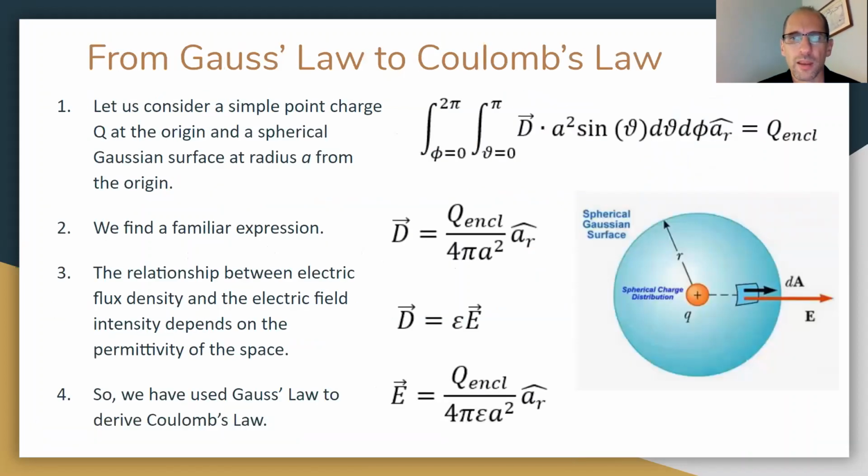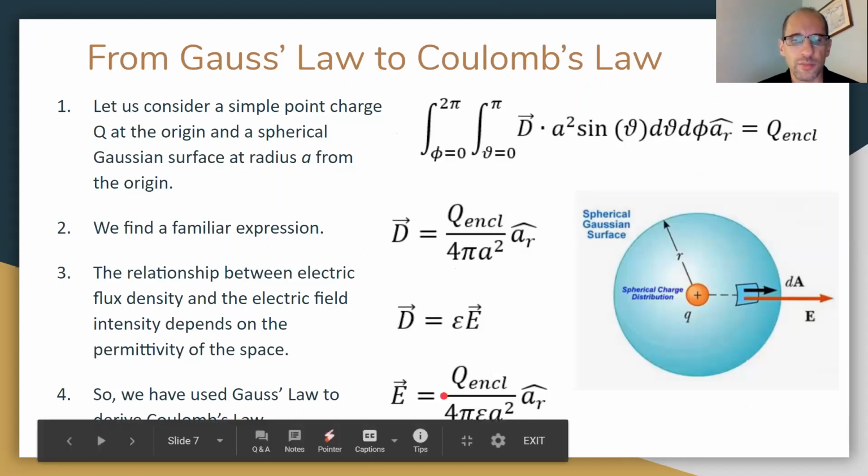So, going from Gauss's law to Coulomb's law. Coulomb's law actually was articulated well before Faraday came around. This is Coulomb's law right here. It says that the electric field induced by a charge is equal to that charge divided by 4 pi epsilon a squared, in a particular direction.